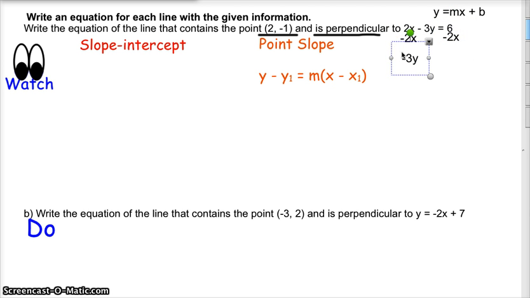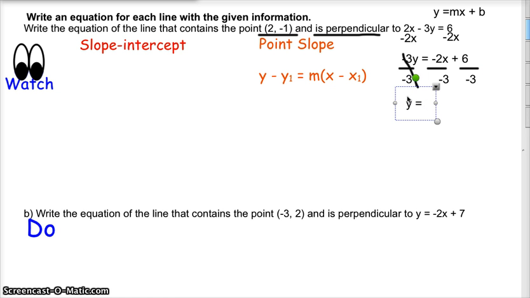I get -3y. Be careful with that negative. A lot of students tend to forget it. Next thing I'm going to do is divide everything by -3. Those are going to cancel.